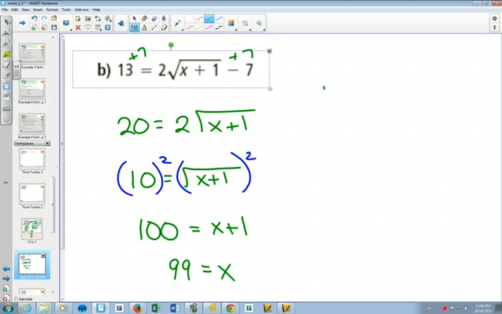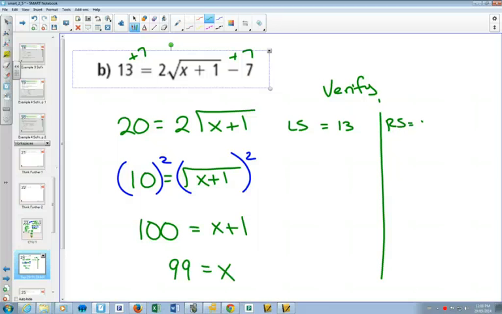We're going to verify here. Our left side started with 13. Our right side started with 2 root, then minus 7 at the end. And we had 99 plus 1 inside the root. 99 plus 1 would be 100.